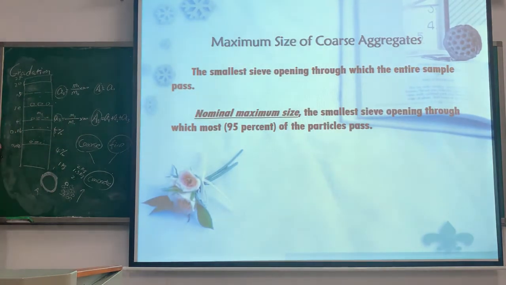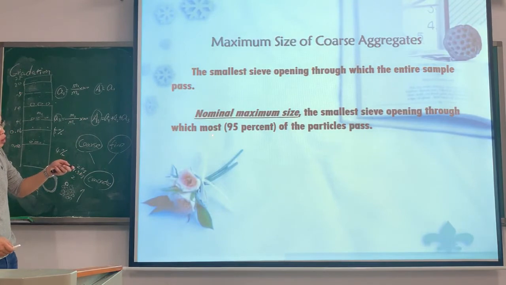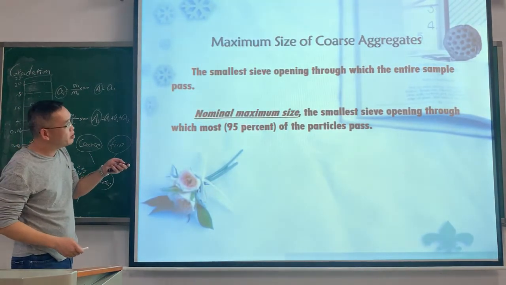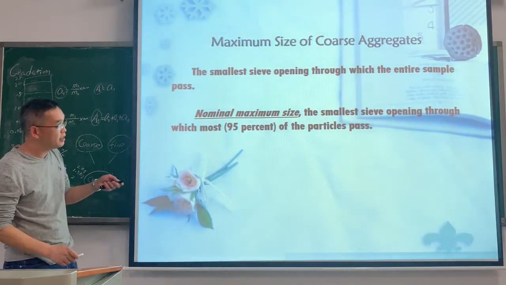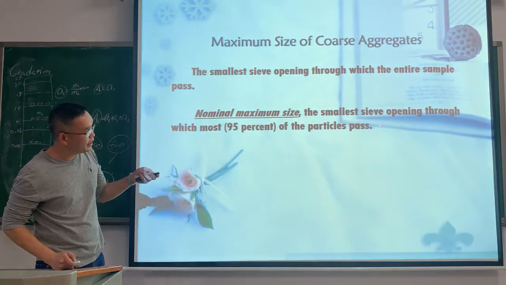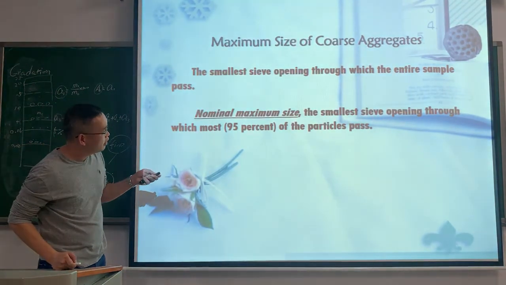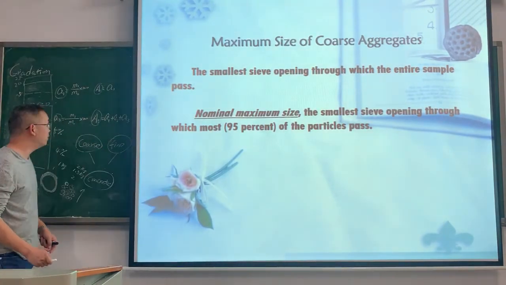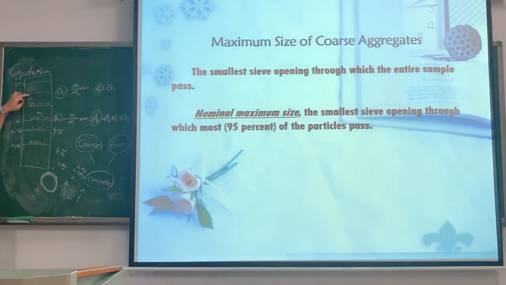15. Yes, 15. Okay? And then the nominal maximum size. What is the nominal maximum size? It means the smallest sieve opening through which most, 95%, of the particles pass. So which one is the nominal maximum size?